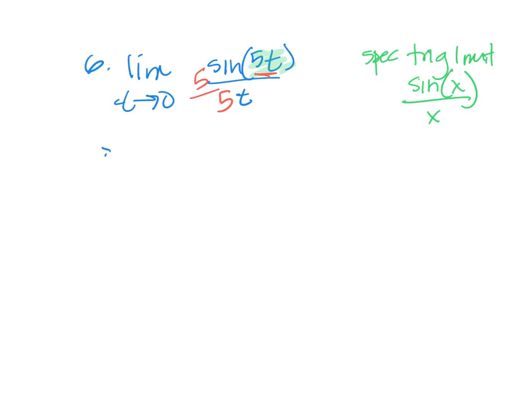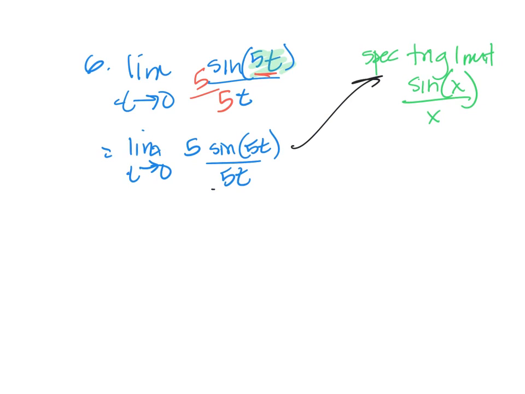So what we end up with is 5 sine 5t over 5t. And if you recognize that, that part is 1. So we would have 5 times 1, and then our solution would be 5.